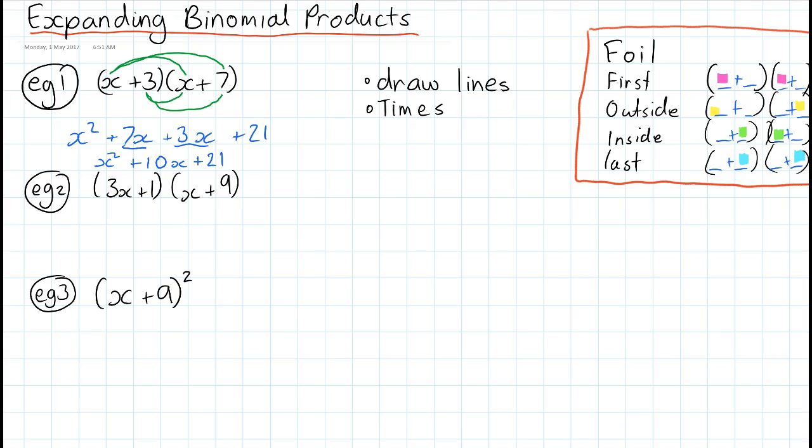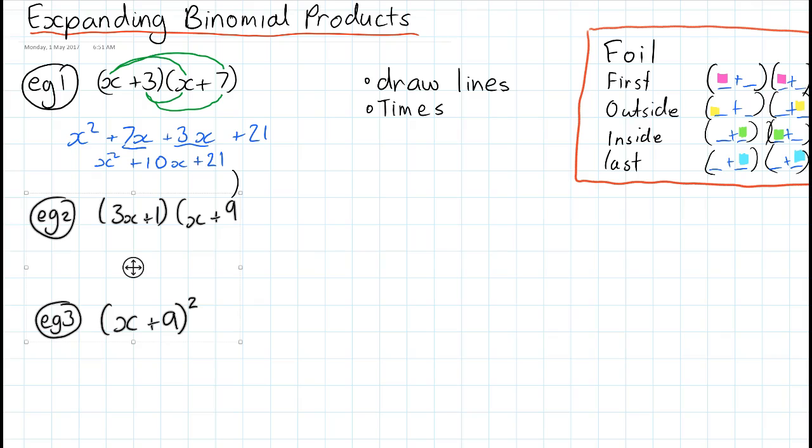Okay, let's give the next one a crack. My first job, I might give myself a little bit more space actually. Sorry about that. My first job is to draw the lines just like before. So from 3x to both terms in the upper brackets, and from 1 to both terms in the upper brackets. Now here I've got a number in front of the x, which is 3.